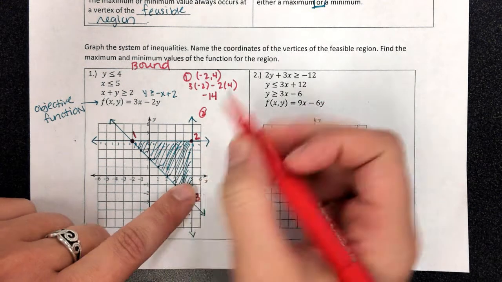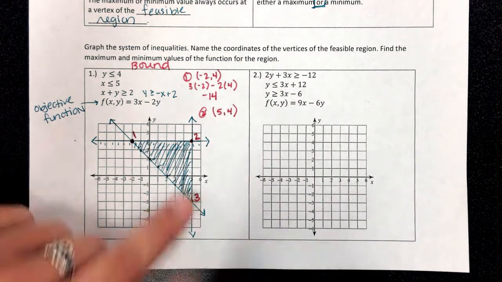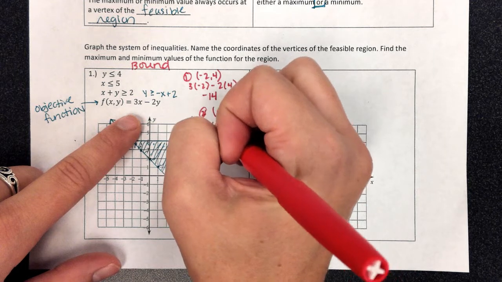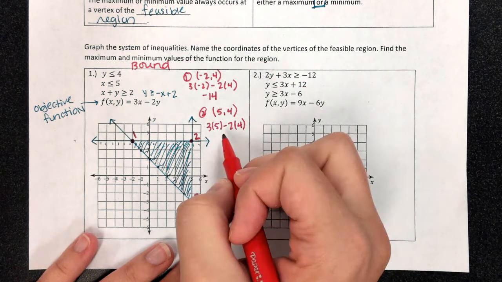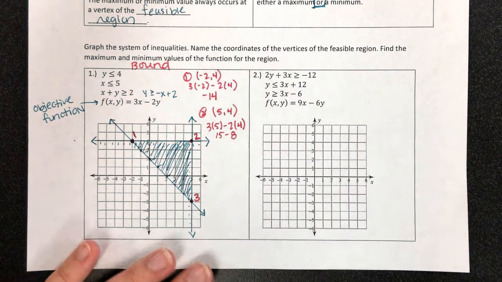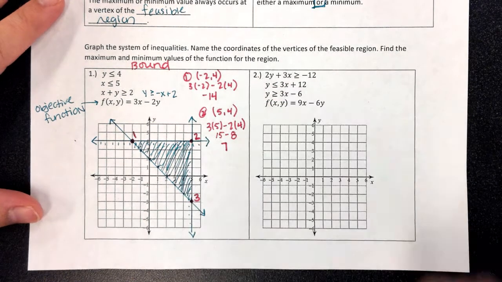Point 2 is 5, 4. Same function, just with different numbers. So 3 times 5 minus 2 times 4 would be 15 minus 8, which would give me 7.